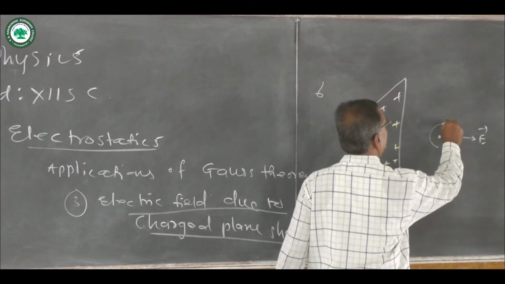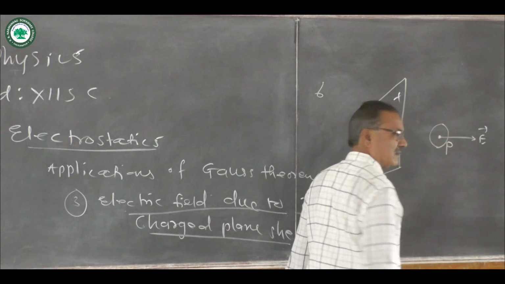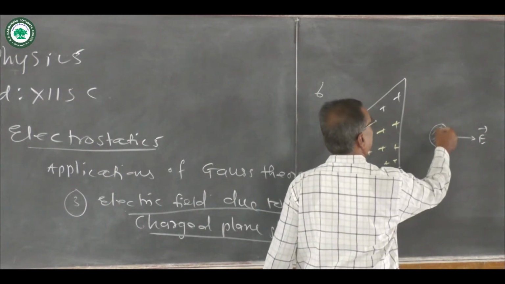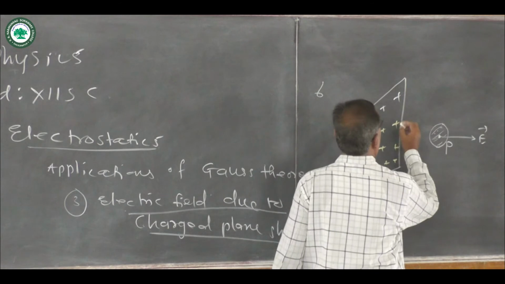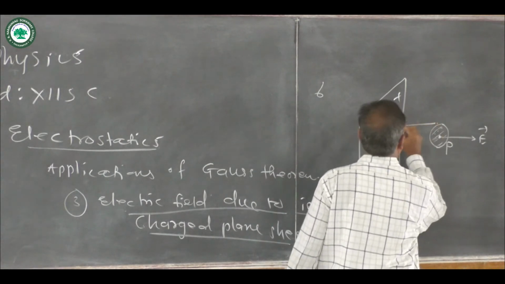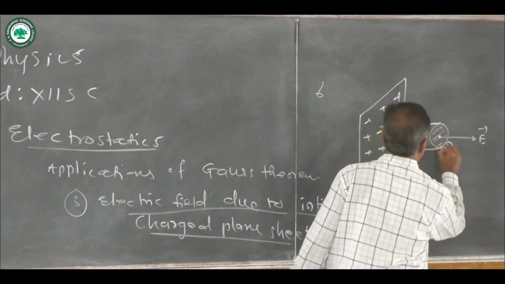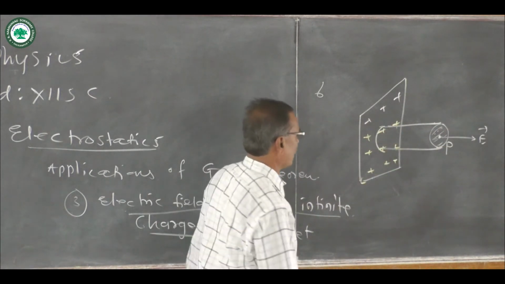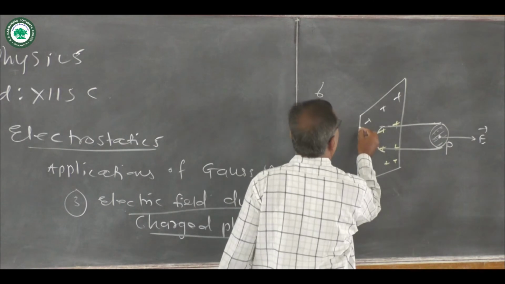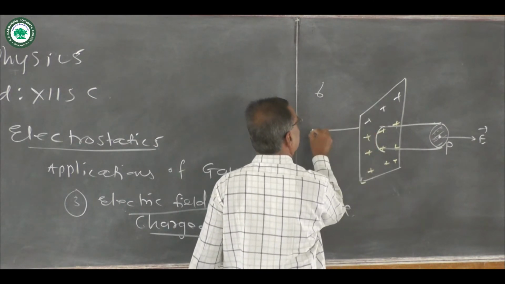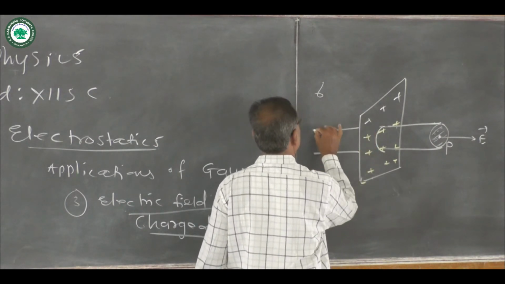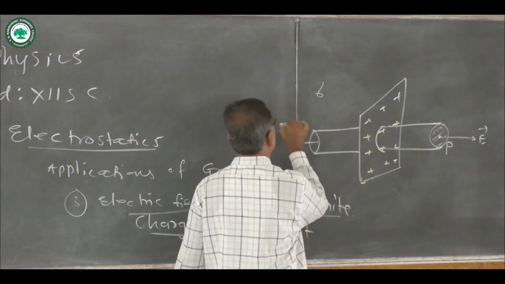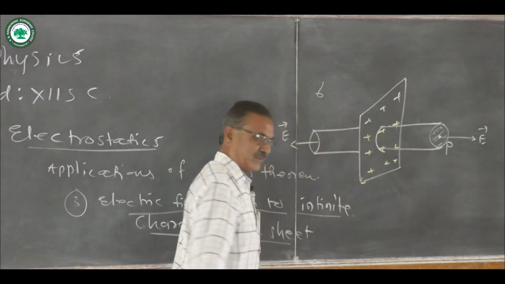Imagine a closed surface around the point P. Suppose this is the closed surface, and now the cylinder of this closed surface forms one side of the plane sheet, and at the other side the same electric intensity is obtained.